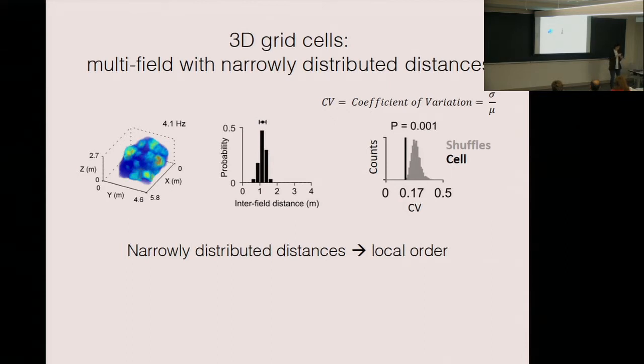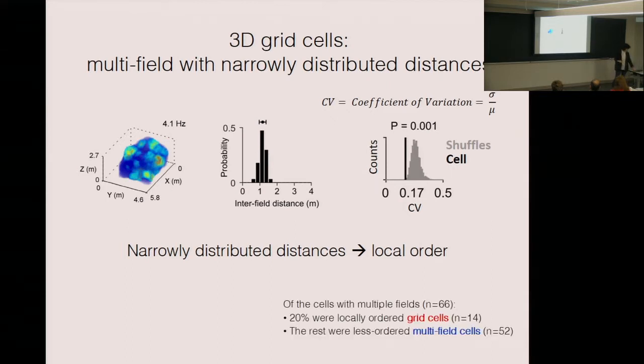So something is ordered here in these cells, and out of the cells that had enough multiple fields, 20% of them were significant, had this narrowly distributed distances, having a local order, and these are the cells that we think of as the 3D parallels or equivalents of grid cells, because they have the characteristic distance that we see in 2D grid cells.